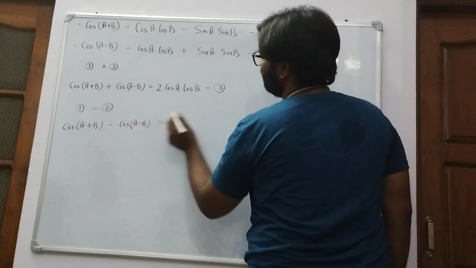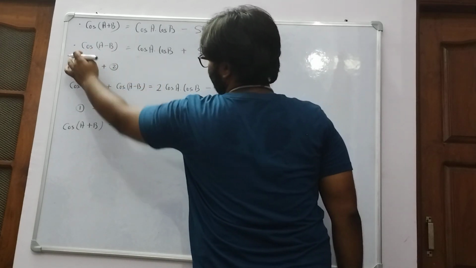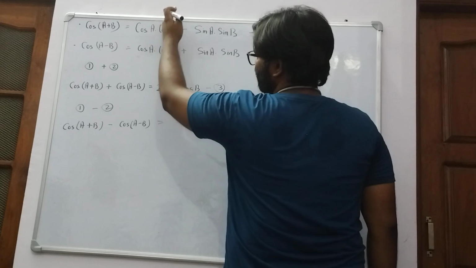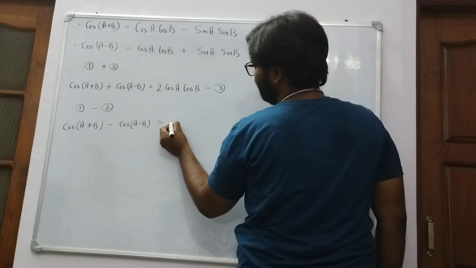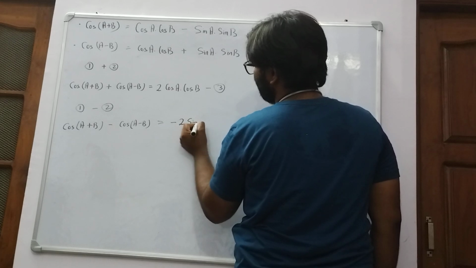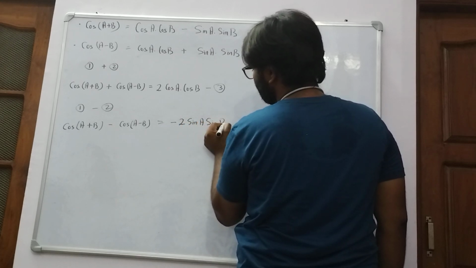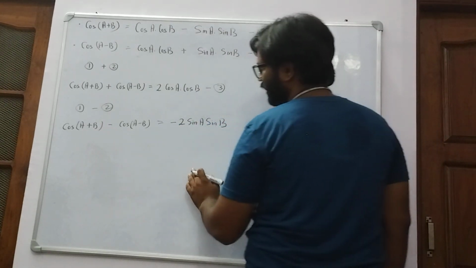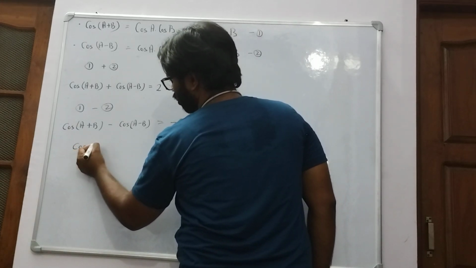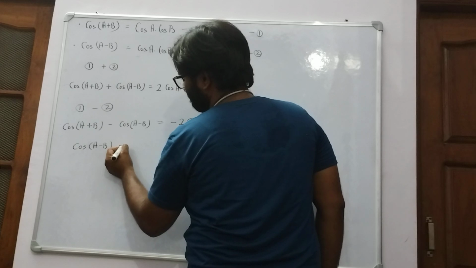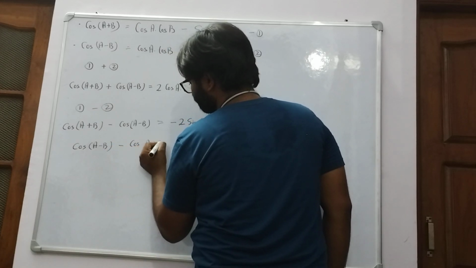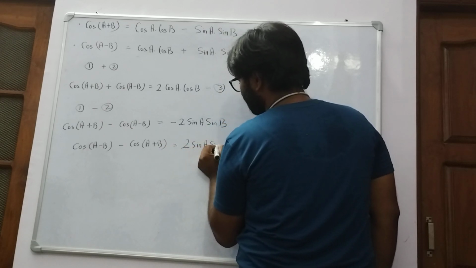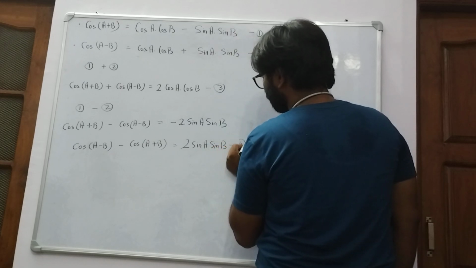Now see, when we are subtracting, this will become negative, this will become negative, so cos A cos B minus cos A cos B gets cancelled out, and this becomes negative, so we simply get minus 2 sin A sin B. Now, in order to remove this negative sign, we will transpose it to the other side, so the equation will become cos(A−B) minus cos(A+B) is equal to 2 sin A sin B. That's our equation number 4.